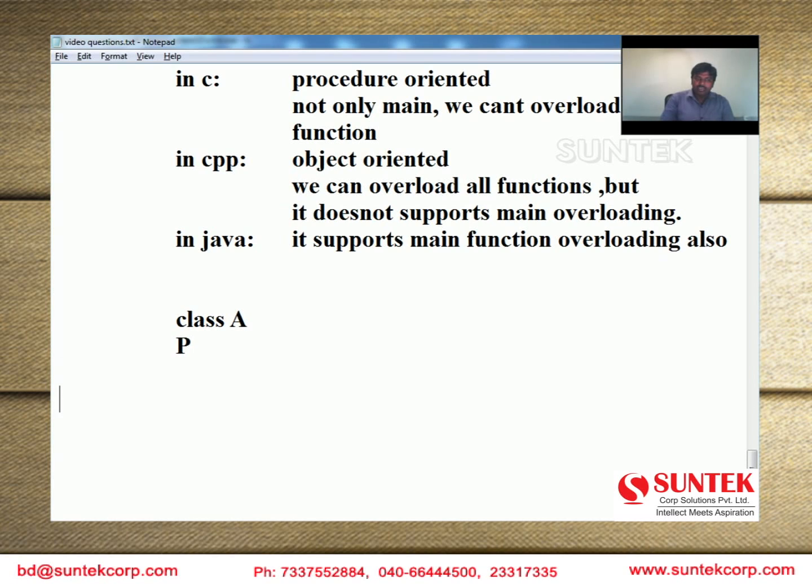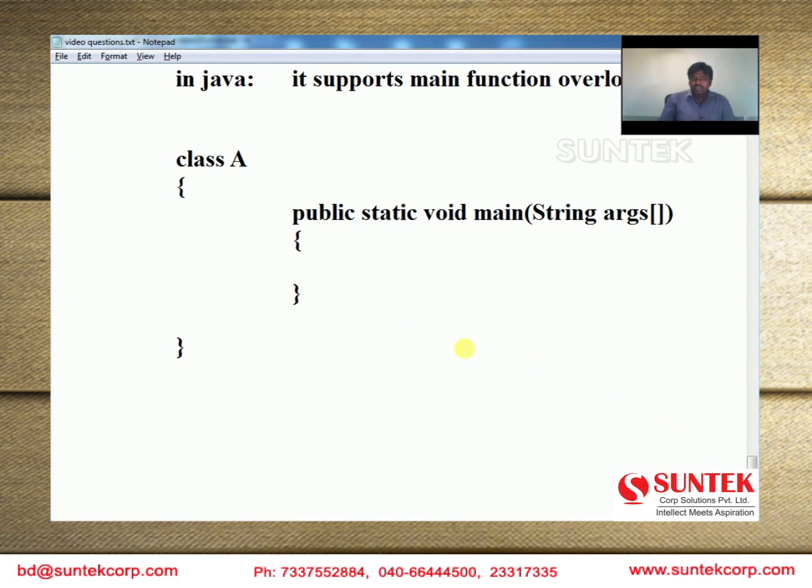See, if you are writing two main functions, which function will be executed? Class A, public static void main. I am writing public static void main with String args. Program execution always starts from there, the main function. Here the output statement is System.out.println hi.